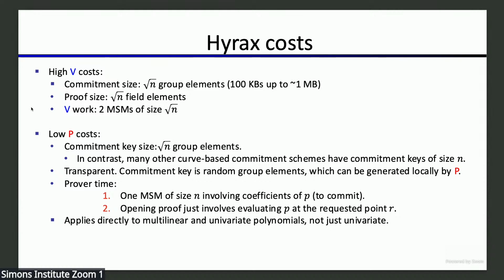But on the plus side, the commitment key size is square root, not linear. It's transparent, and the prover is very fast, okay? And in particular, for the evaluation proofs, I call it an opening proof here, you really don't do more work than just evaluating the polynomial at the requested point. There's a little more work, but it's not really relevant.